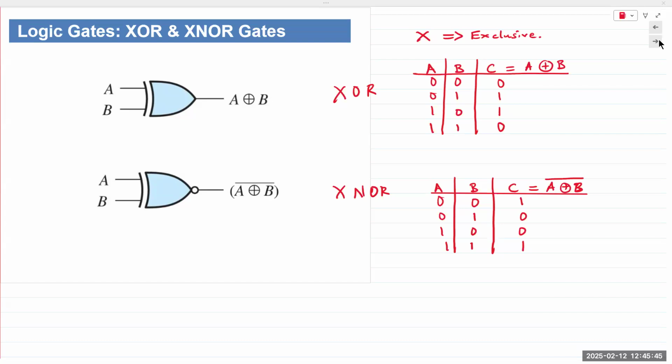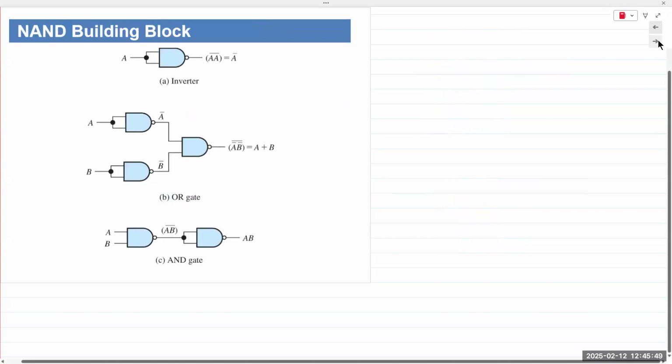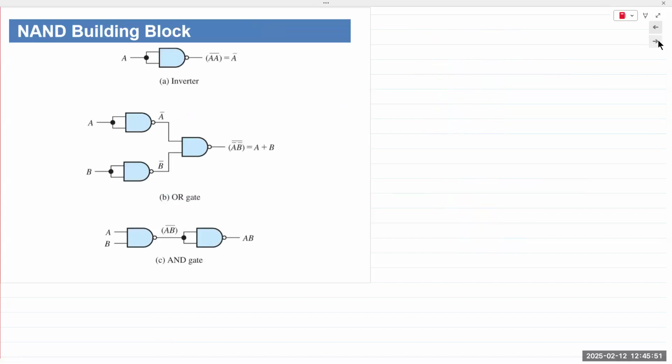Okay, let's look at the next one. So, as I stated, sometimes all we have available to us might be just NAND gates or just NOR gates. So we can use them as building blocks to build different kinds of circuits. The easiest one to create with both a NAND or a NOR is an inverter.